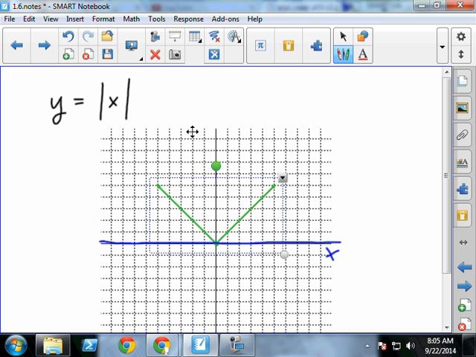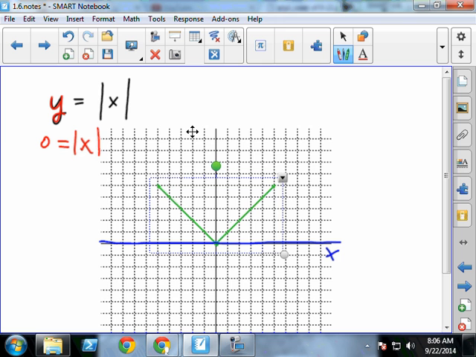What are you talking about? What I'm talking about is if we were to change that function into an equation and replace y with 0 and say 0 equals the absolute value of x, what we're saying is wherever the graph goes through or intersects the x-axis, that's what the solution of the equation is.